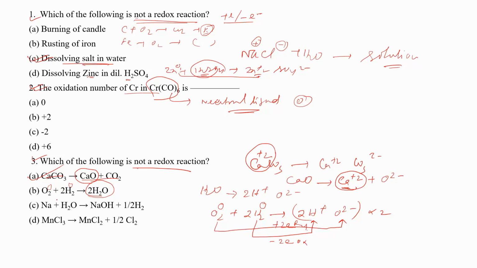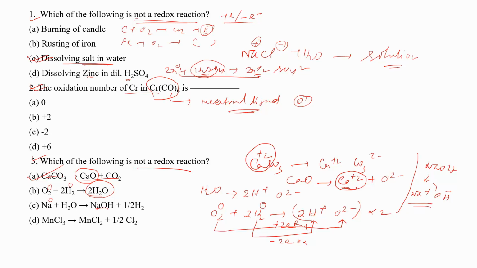Similarly here, sodium has zero oxidation state, but after reacting with water it forms sodium hydroxide. If I write it as a cation and anion, it is Na+ and OH- ion.